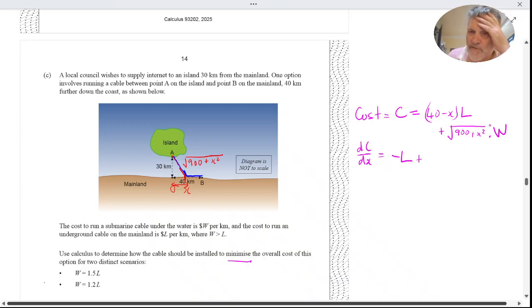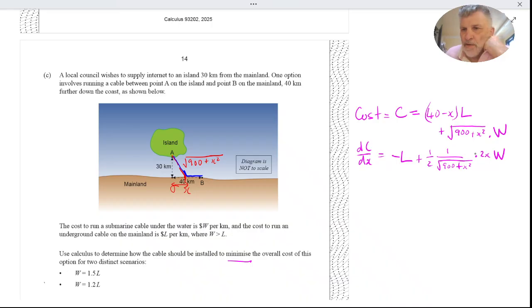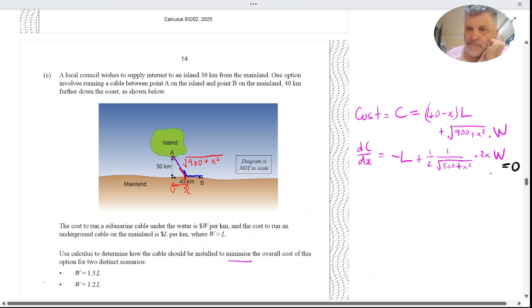This is to a power of a half, so you get a half, this to the power of minus half, which is basically 1 over the square root. And then multiply by the derivative inside, which is 2x. And we've got this constant as well. So that's not too tricky, and we want to get a minimum, so we want to set this derivative to 0.